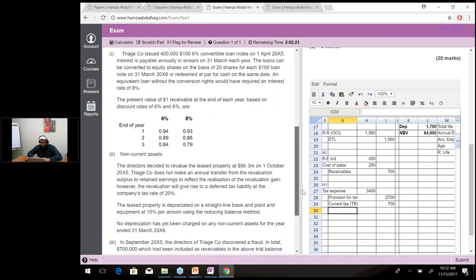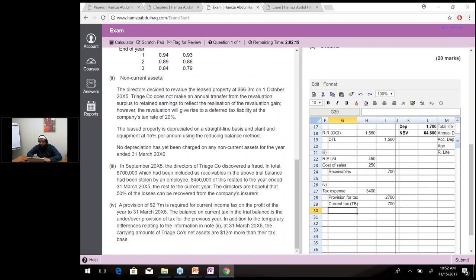Now if I move back again onto the question, the question further says, in addition to the temporary differences relating to information in note number 2, the question is talking about the deferred tax on revaluation. So in addition, apart from the revaluation, at 31st March 20x6, the carrying amount of Triad's net assets are 12 million more than their tax base.